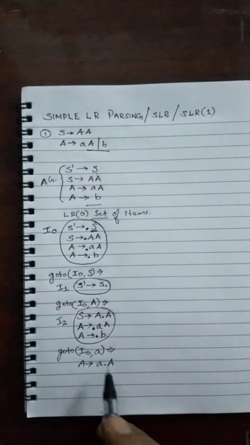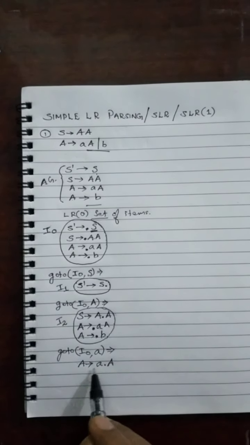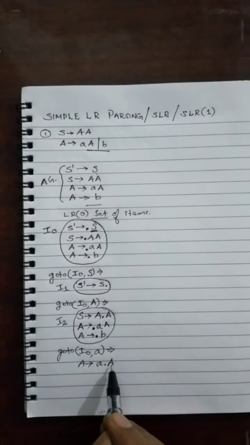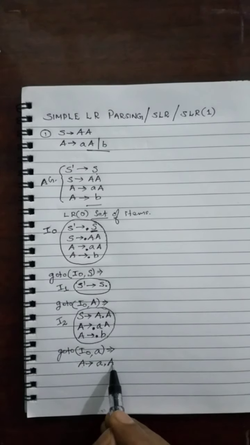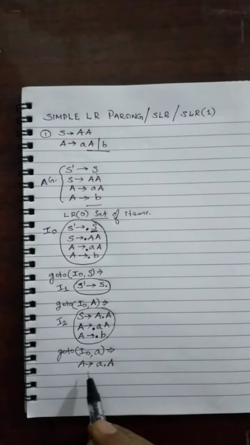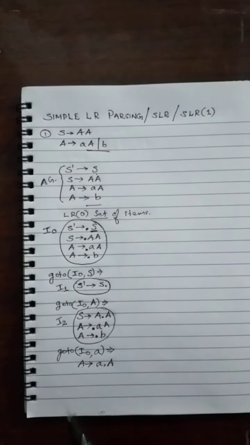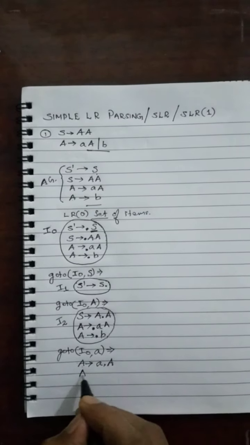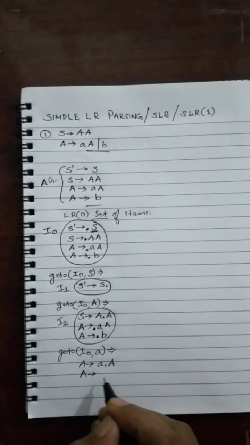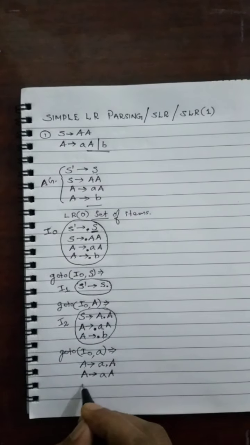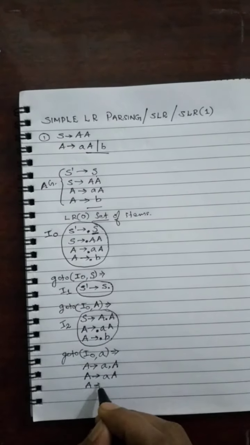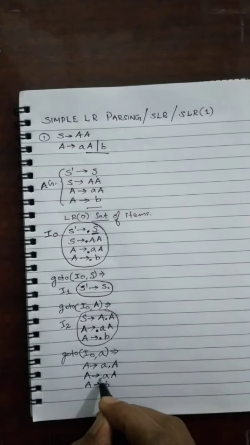Now whatever we have added to this set of items, we have A producing a dot capital A. Now after dot you have a capital A, right? So according to the closure function, you need to add all those productions of A from the grammar to this set of items. So let's add A producing small a, capital A producing small b, right?